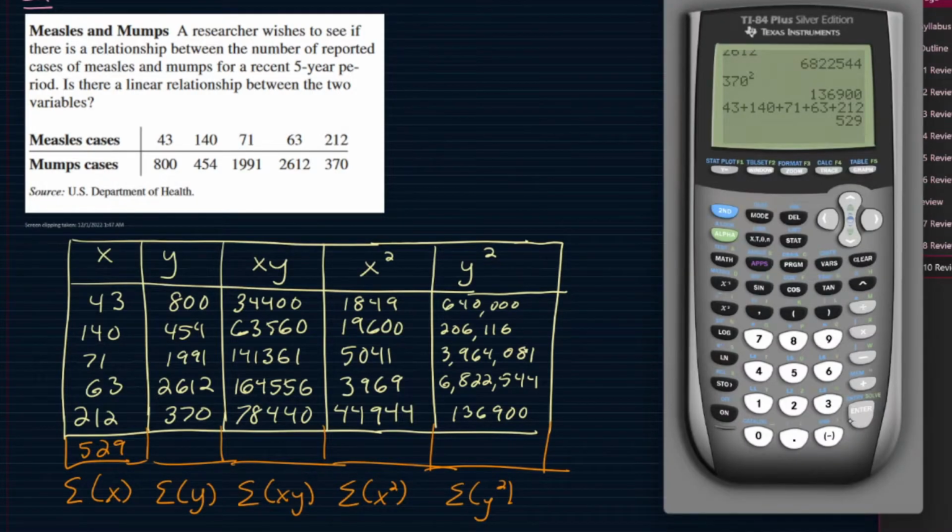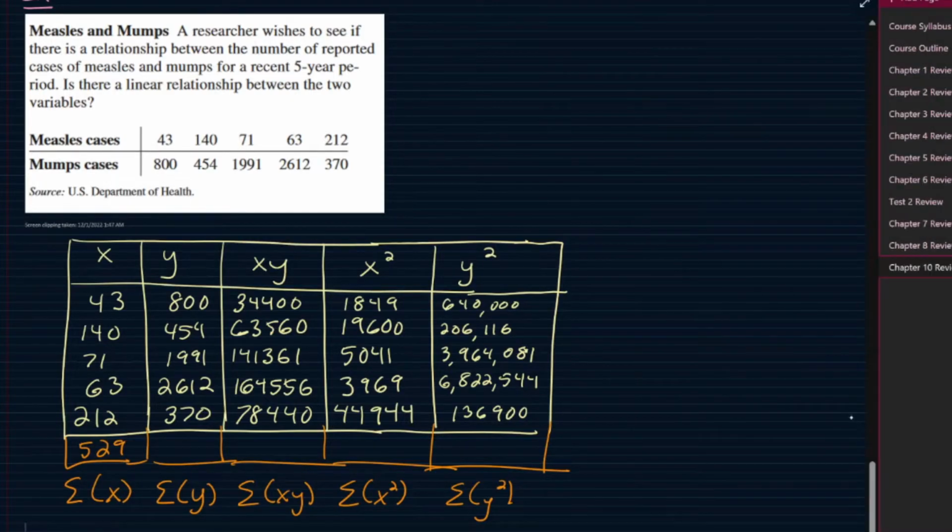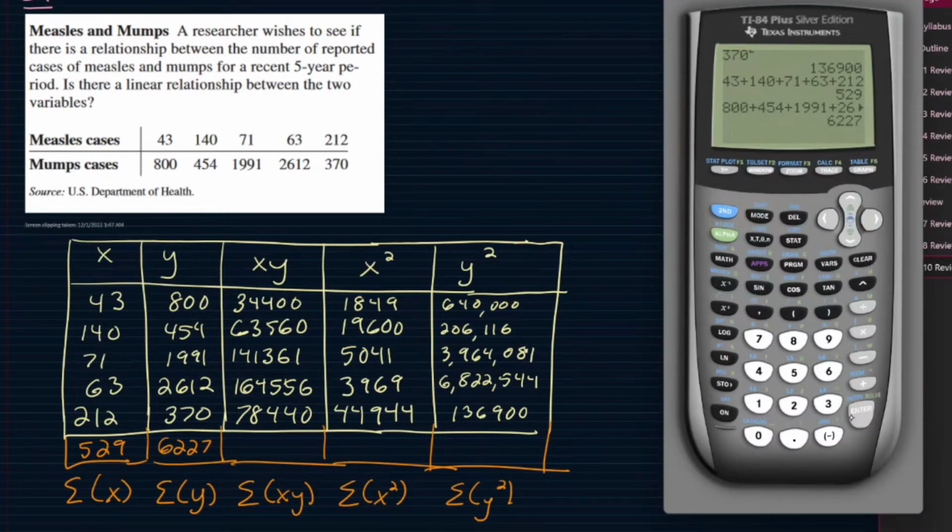I really probably should have just done this in Excel because this is a lot of room for error here. These numbers are pretty big.